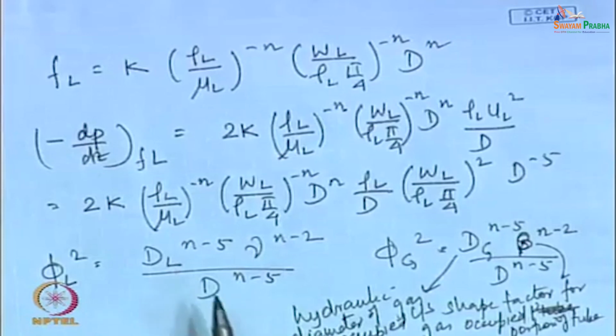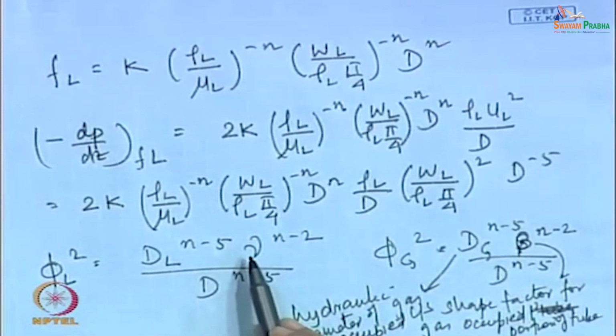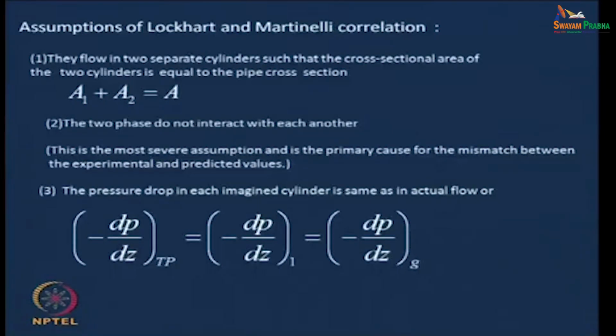Fine. So, in the same way we can get a phi L square and we can get a phi g square. Okay. Now, usually we can take these two as equal, or else we can assume that more or less, since from the separated cylinder model, what was the first assumption that I made, first assumption that was written down in my transparency slide, they flow in two separate cylinders such that the cross sectional area of the two cylinders is equal to the pipe cross section.